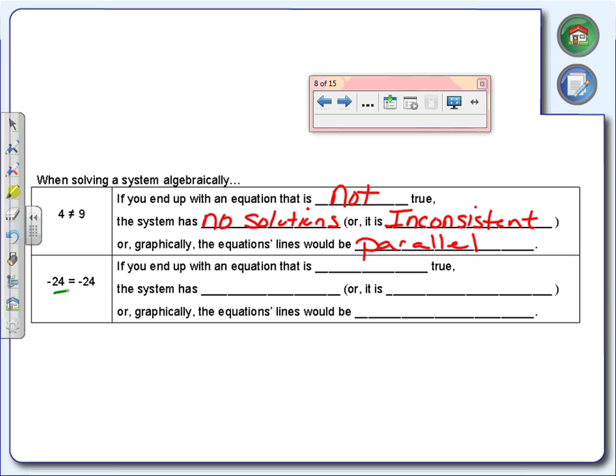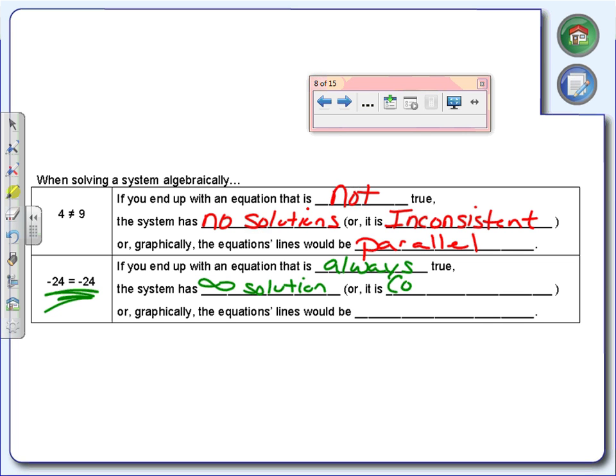The other example we had was, what if it is true? Well, if you end up with an equation that is always true, such as this case right here, negative 24 equals negative 24, then the system has an infinite number of solutions. What do we call it when it's an infinite number of solutions?